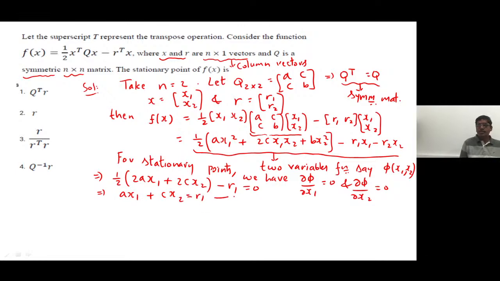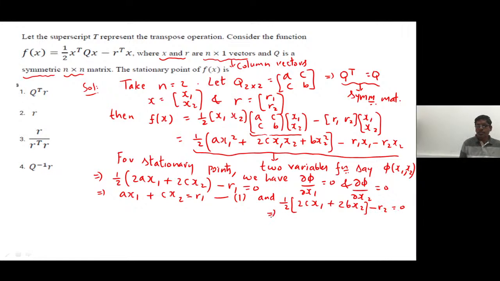Let us say this is equation 1, and dou phi by dou x2 equal to 0, that is giving half times, with respect to x2 partial derivative means x1 constant, so a x1 square gives 0, 2c x1 with x1 constant and x2 derivative 1, so 2c x1, b x2 square derivative gives 2b x2, r1 x1 constant derivative 0, r2 constant, x2 derivative with respect to x2 is 1, so this is minus r2 equal to 0.